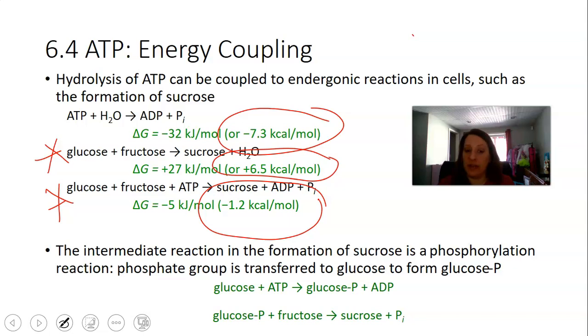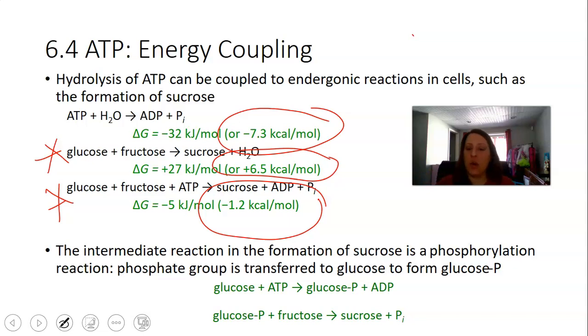That's spontaneous, right? If the change in free energy value is negative, then it is a spontaneous reaction. So that can happen. We don't need any more energy. The energy provided from splitting one molecule of ATP was enough to drive that reaction. So again, that's energy coupling. It's taking the energy released from an exergonic reaction and using that energy to drive an endergonic reaction.